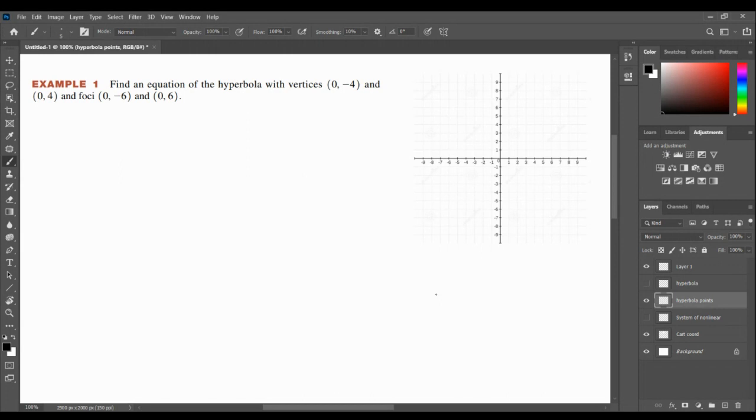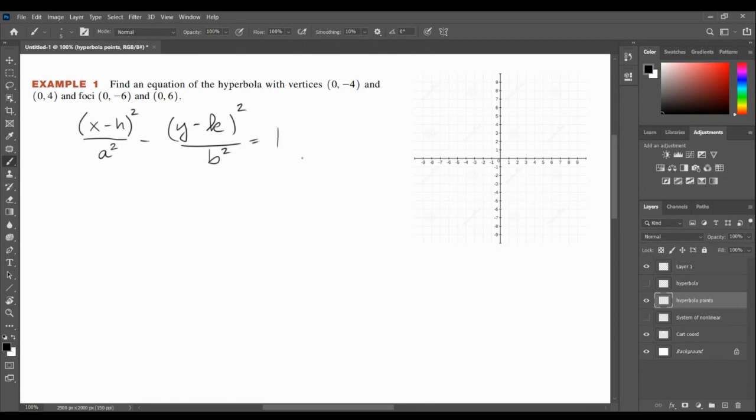All right, so here we've got a problem where we're asked to find an equation of a hyperbola. And just as a reminder, our basic equation of a hyperbola will be: (x minus h) squared over a squared minus (y minus k) squared over b squared equals 1.